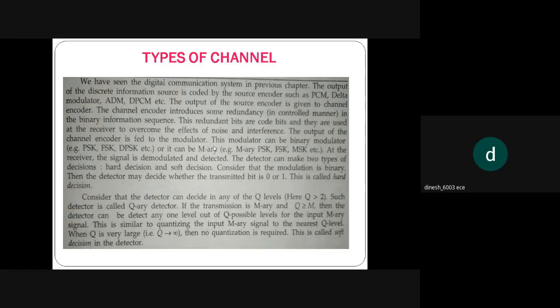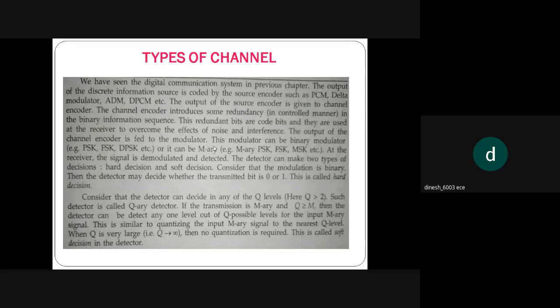In this system, the channel encoder adds redundancies, which we call redundant information or errors, in the form of binary information sequences. These redundant bits are obtained due to the channel's conditions like noise and interference. Due to these two, redundancy will occur, and the redundant bits were being obtained at the receivers.